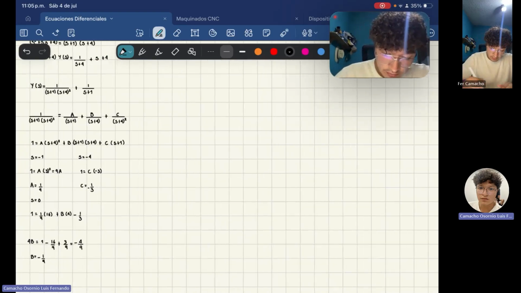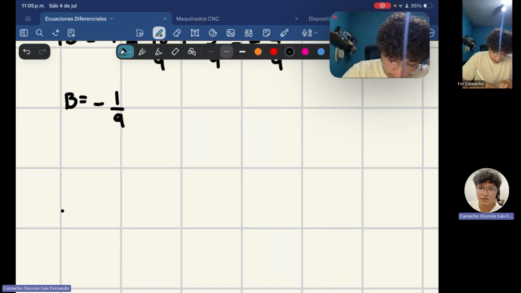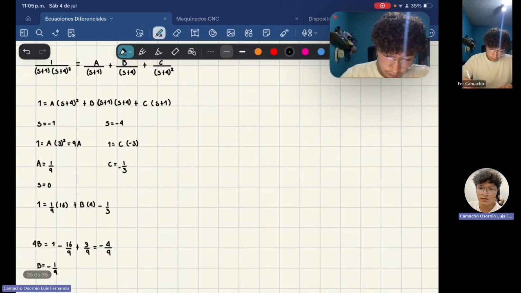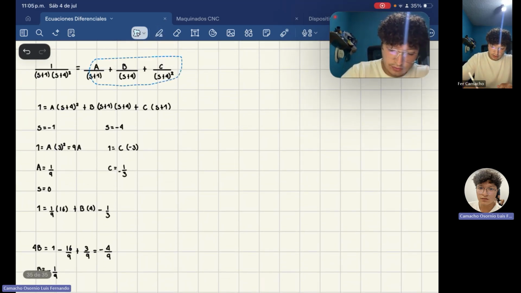And we can substitute all of the values into Y(s), and we are going to have Y(s) is equal to the easy part.